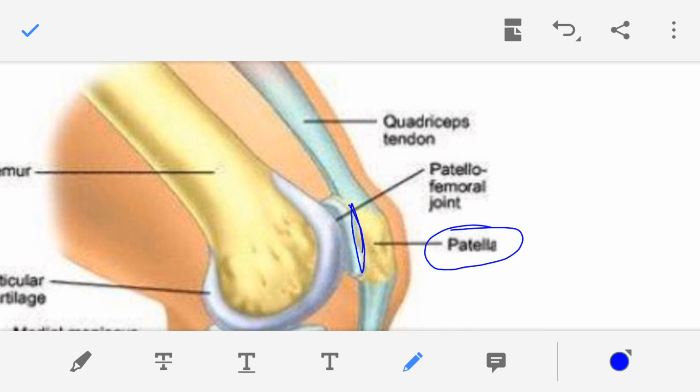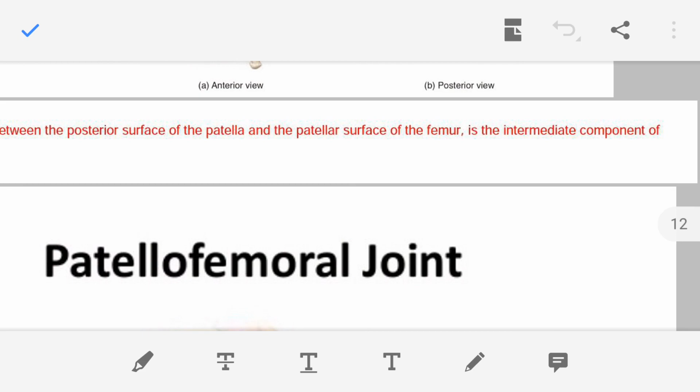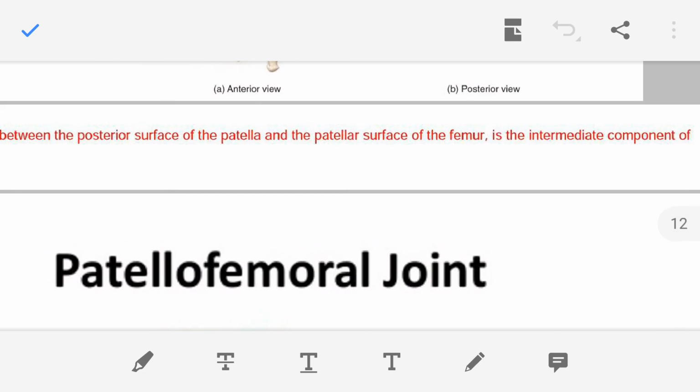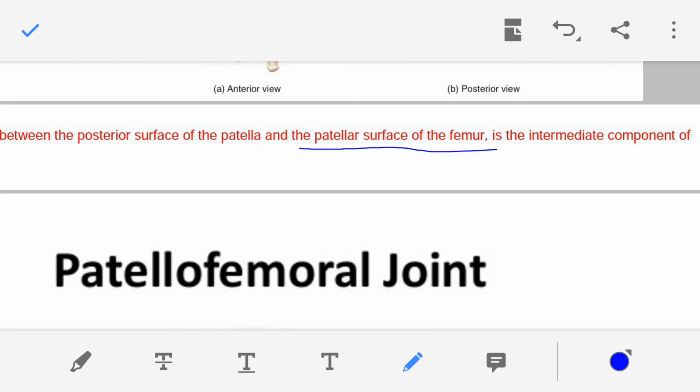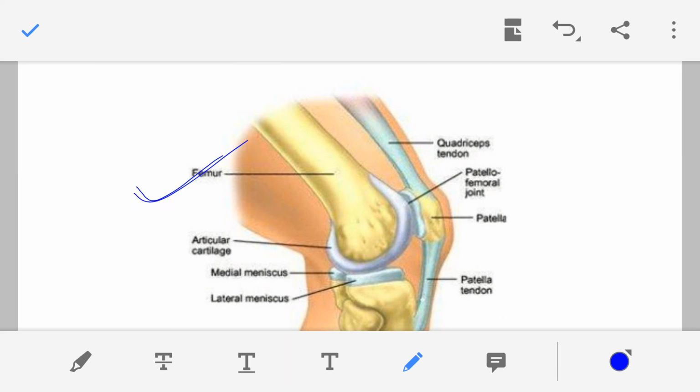This is the posterior surface of the tala, and the talar surface of the femur. So this one is the femur and this one is the talar surface of the femur. So this one is the talar surface of femur and this one is the posterior surface of tala.